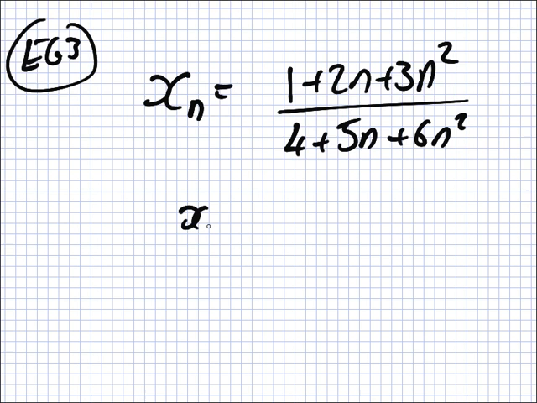So what does x1 equal here? Calculate that for me. What's x1? Six over 15, isn't it? 6 over 15, which is 2 over 5, isn't it? Yeah. Now, what about x100?